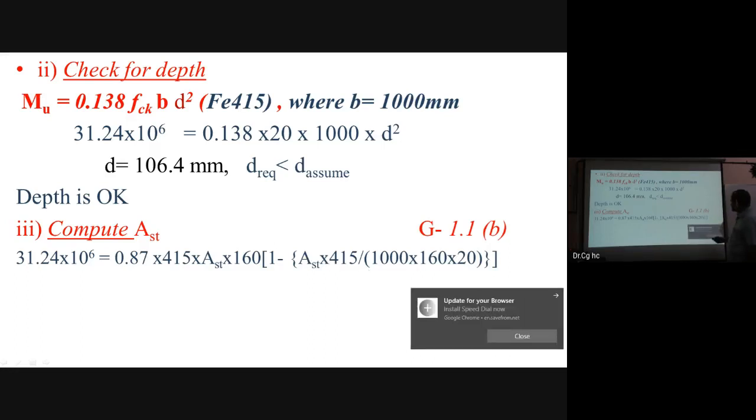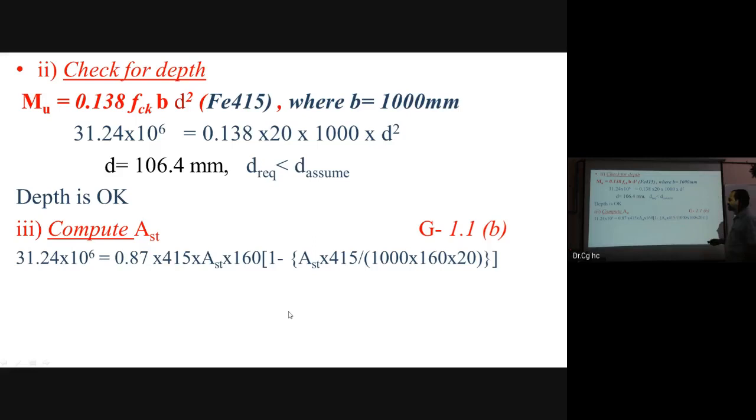Mu is equal to 0.87 Fy AST into D multiplied by 1 minus AST into FCK divided by B into D into FCK. Isn't it? Substitute all these values. The only unknown here is AST. Therefore, area of steel required, tensile steel required.